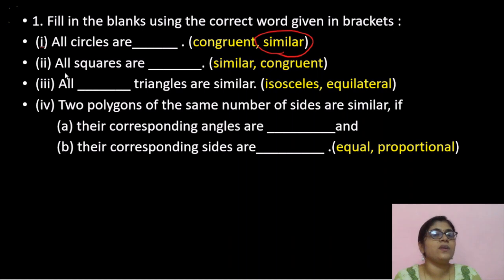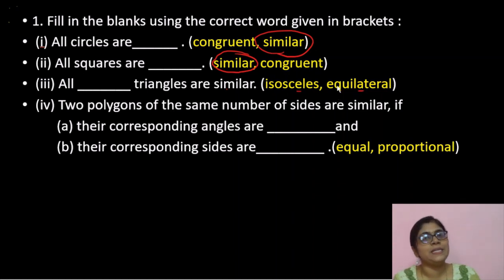Similarly, second question, all squares are dash, similar or congruent. In the case of squares also, the shape is always equal because all sides are equal. The size may vary, but the shape is equal. So all squares are also similar. Next question, all dash triangles are similar, isosceles or equilateral.